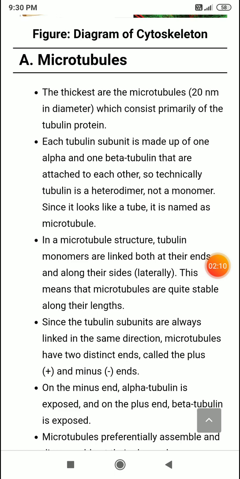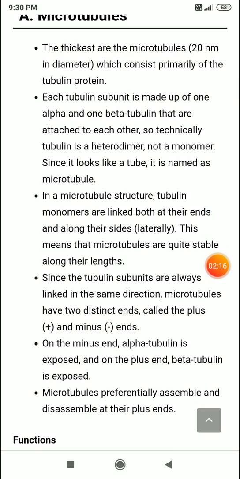In a microtubule structure, tubulin monomers are linked both at their ends and along their sides. This means that microtubules are quite stable along their lengths. The tubulin subunits are always linked in the same direction.